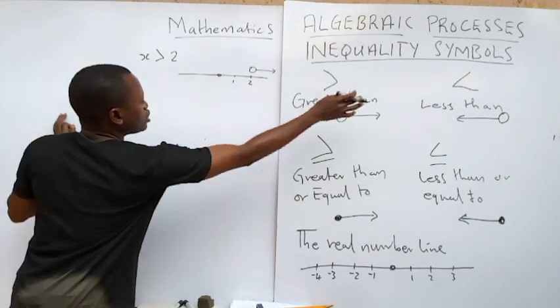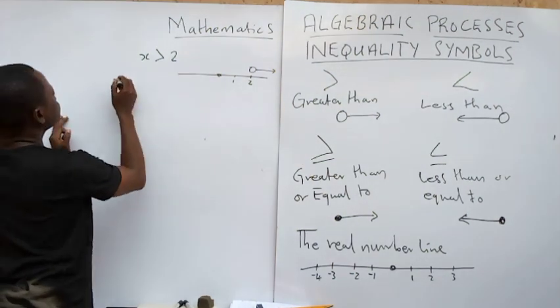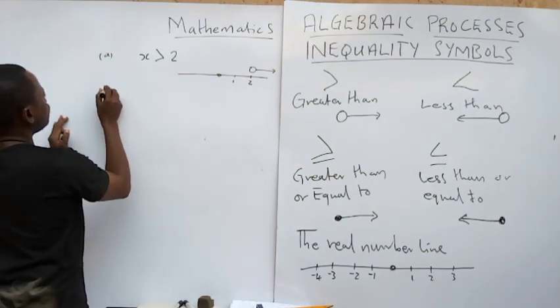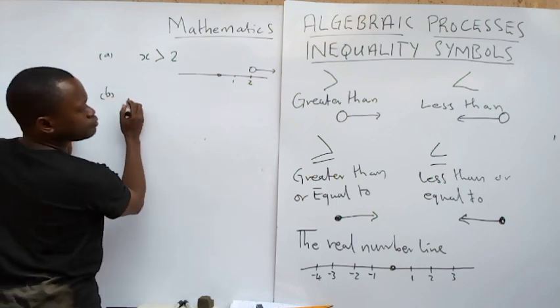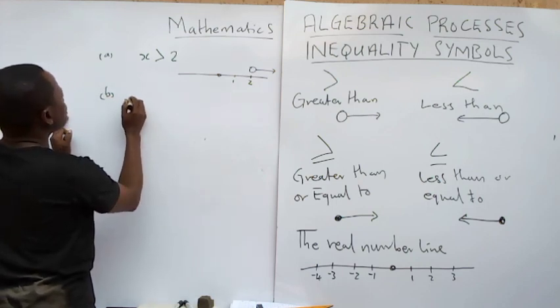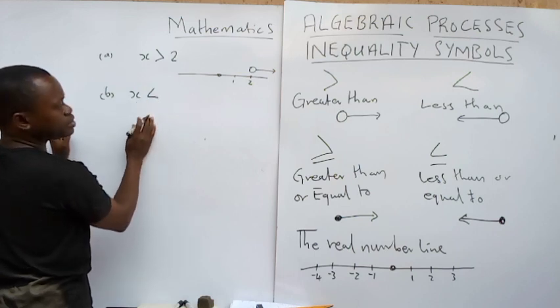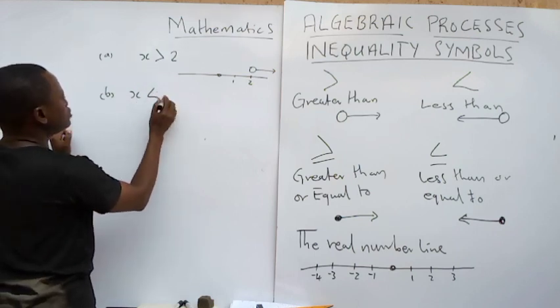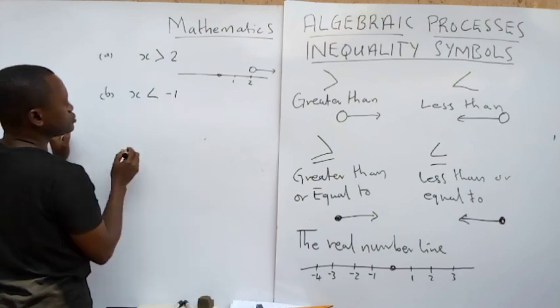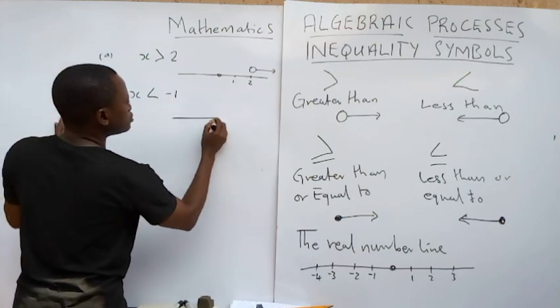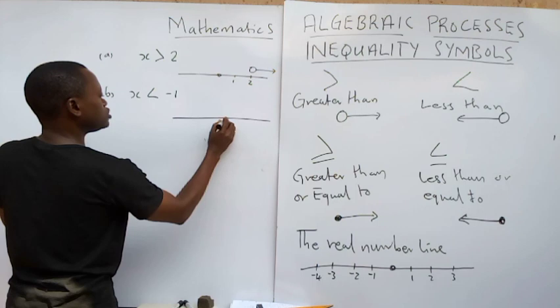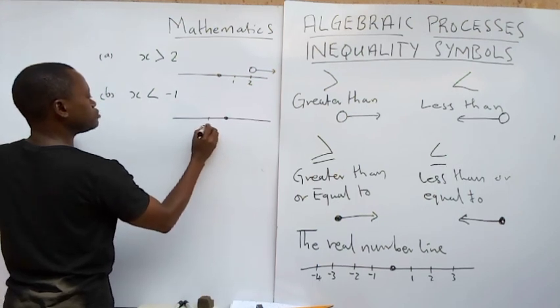Now, let me take the other one. If I say that x is less than minus 1. You see on the number line, if this is my origin, maybe somewhere here is minus 1.